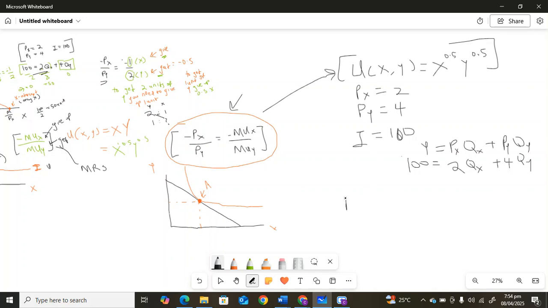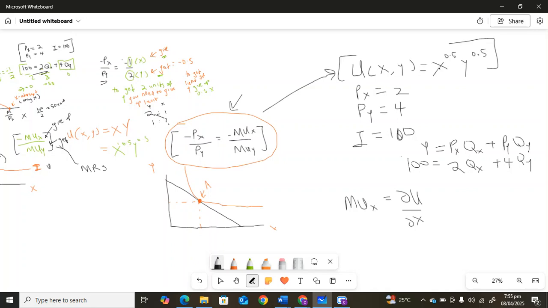The marginal utility of good X is the partial derivative of the utility function with respect to good X. Basically, when you're deriving this function, the variable you're focusing on is x.